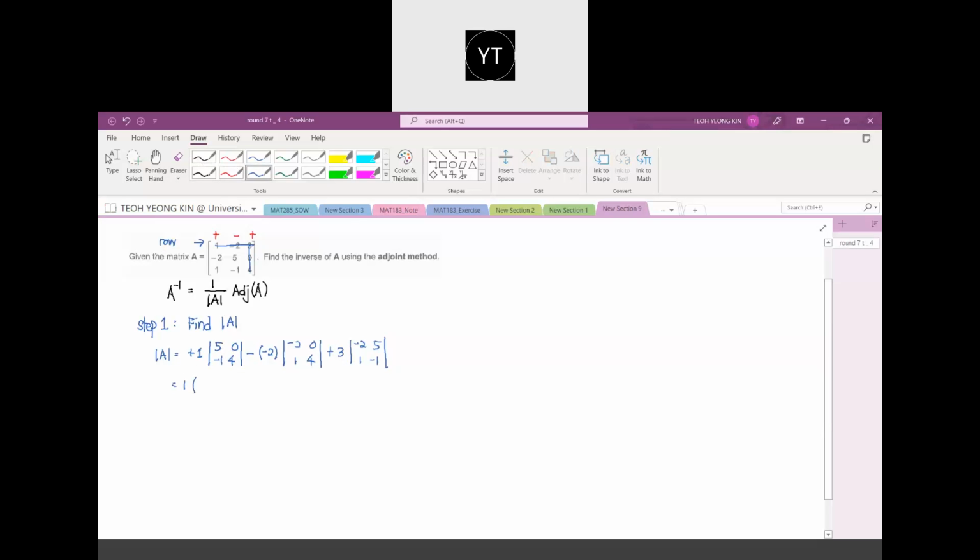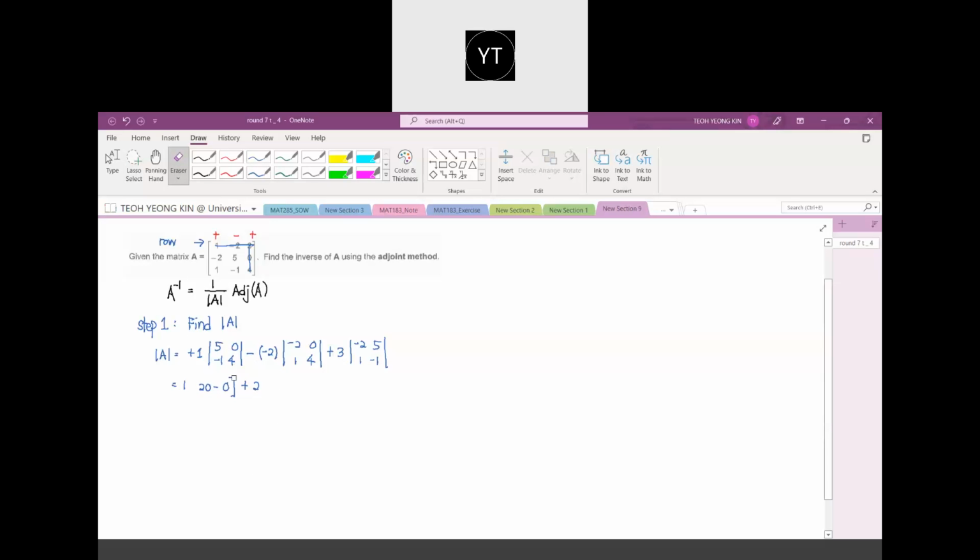And then try to find this value. 5 times 4, 20. Minus 0 times negative 1, 0. So this is the first one. Negative, negative will become positive, positive 2. Here I use a round bracket.